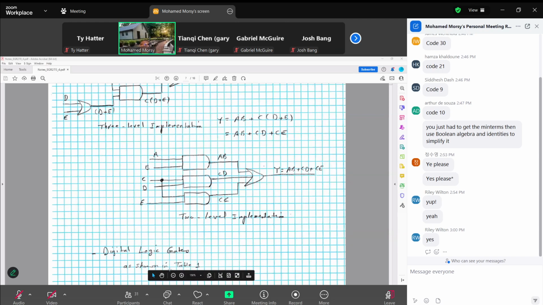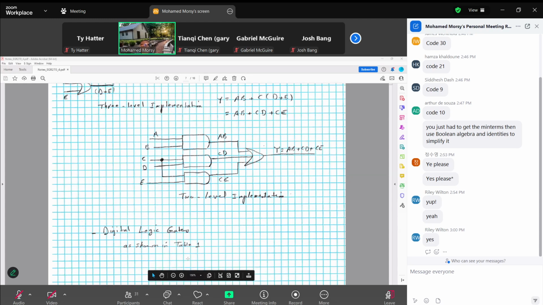For a two-level implementation, as you can see, the maximum number of gates, if we start from the inputs to the output function or Boolean function, is just 2 gates. If you go from A and B to Y, just 2 gates, or any other inputs, it's just 2 gates.